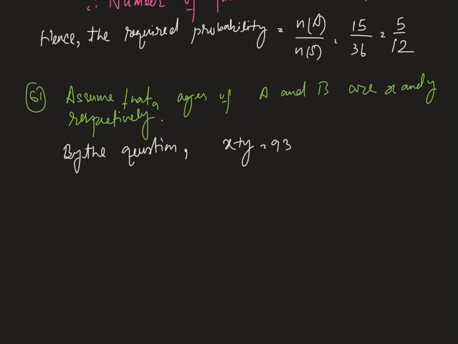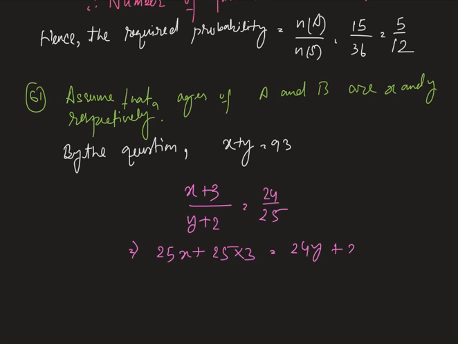And it is also given that if the age of A is increased by 3 years and the age of B is increased by 2 years, then the ratio of their ages is equal to 24:25. After cross multiplication we get 25 into (x plus 3) is equal to 24 into (y plus 2). Therefore 25x minus 24y is equal to minus 27.